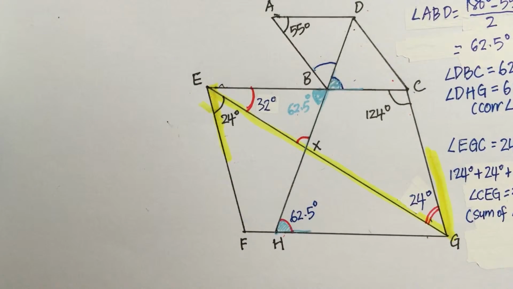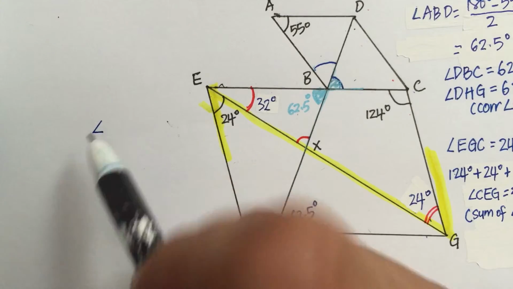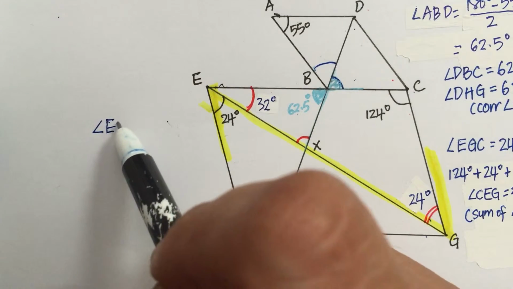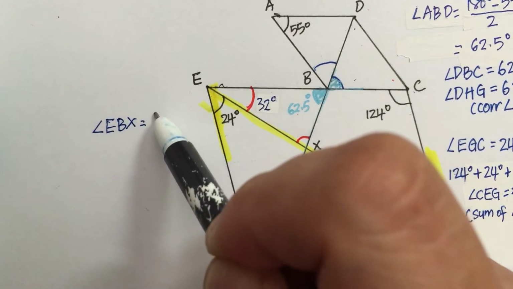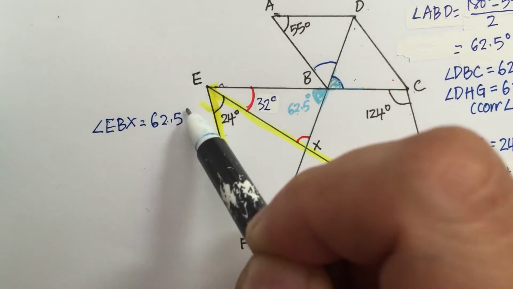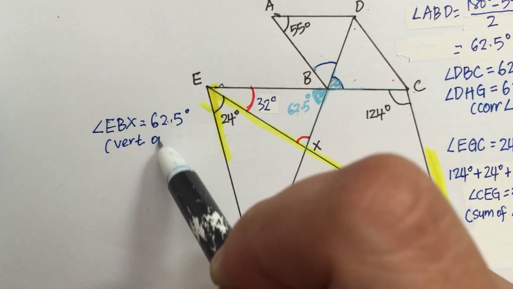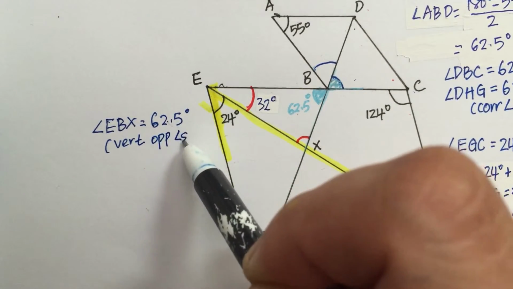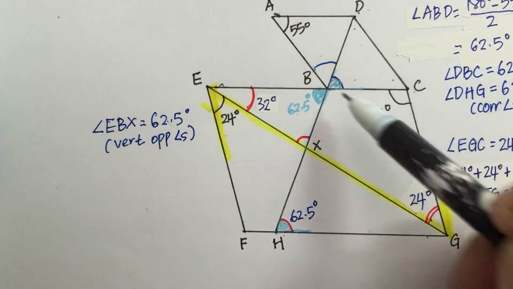Why? Now, angle EBX is equal to 62.5 degrees because it is vertically opposite to angle DBC.